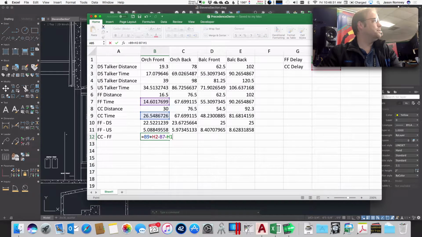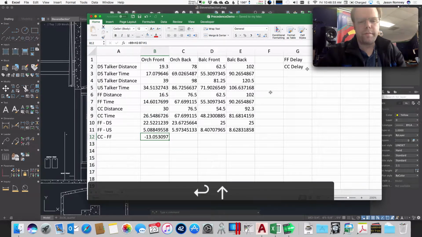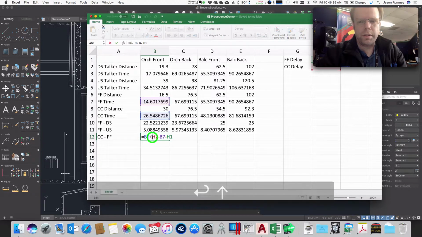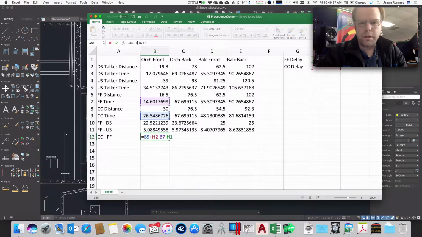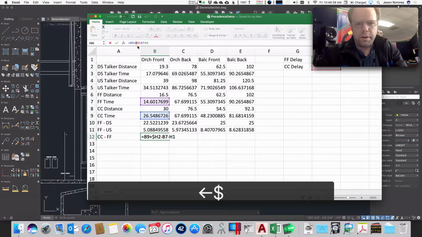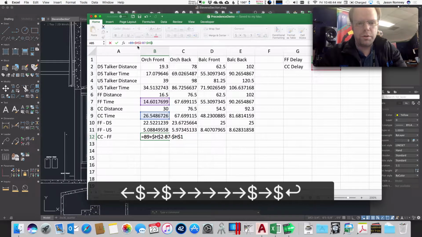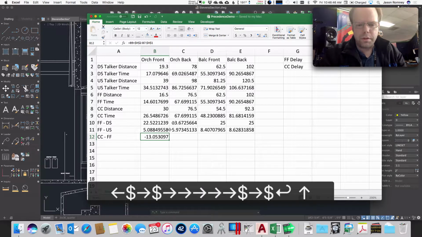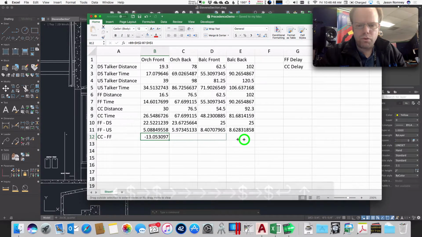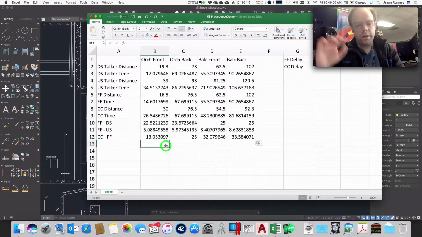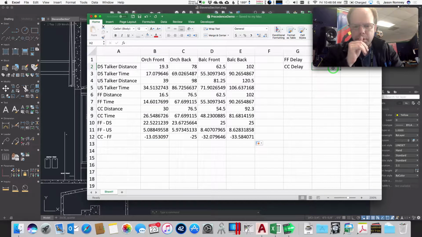That should do it. And let me just lock those in. If I put the dollar signs in front of these, then I can copy those cells and it won't change those reference cells. Okay, look at that. So how much delay do I need to add now to my center cluster to make this work?